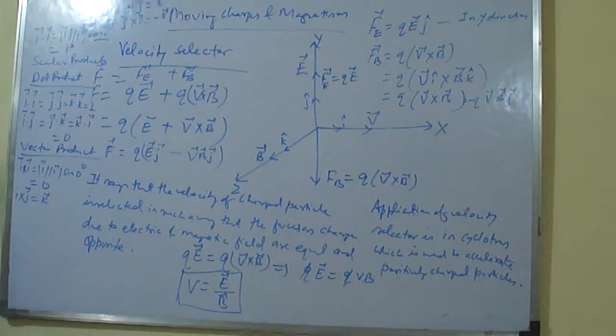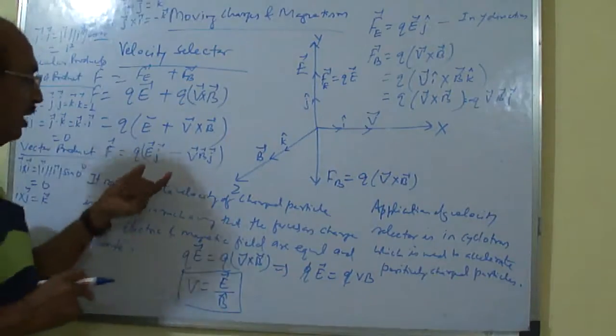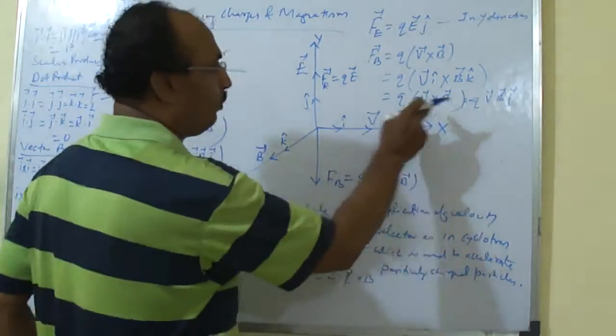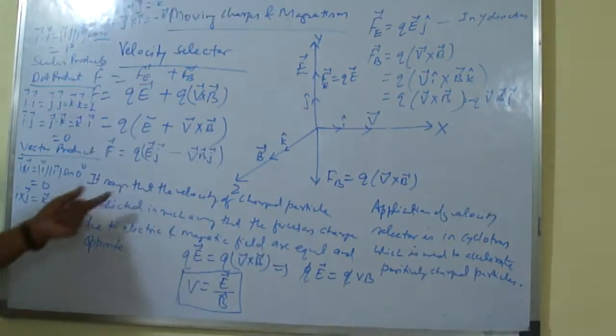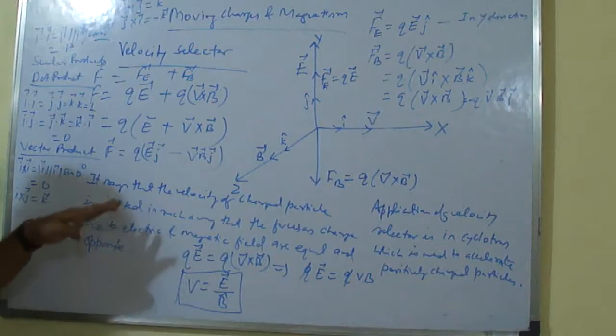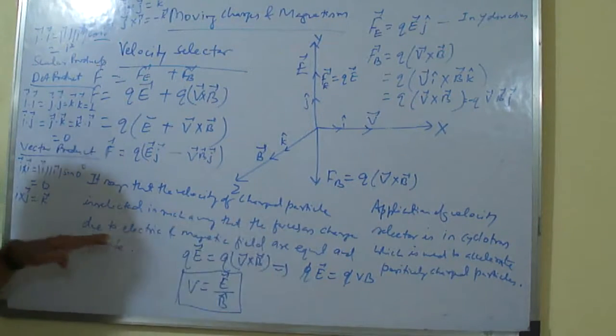So now the velocity of the charged particle injected is selected in such a way that the forces on the charge due to electric and magnetic field are equal and opposite. It means what?